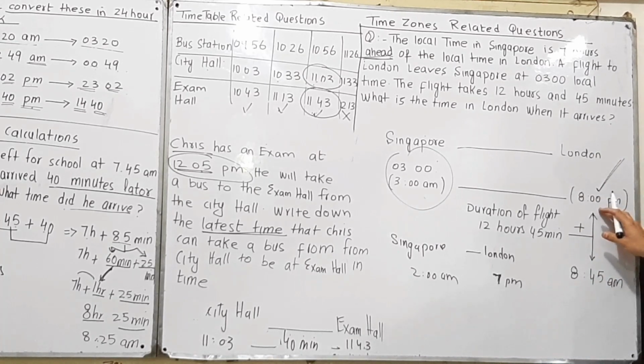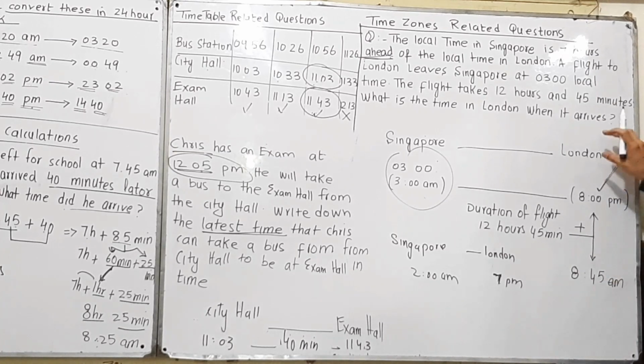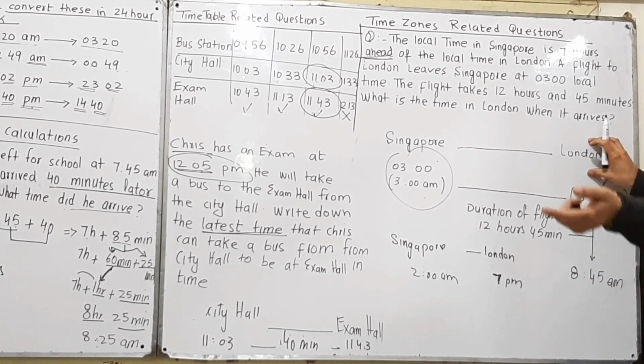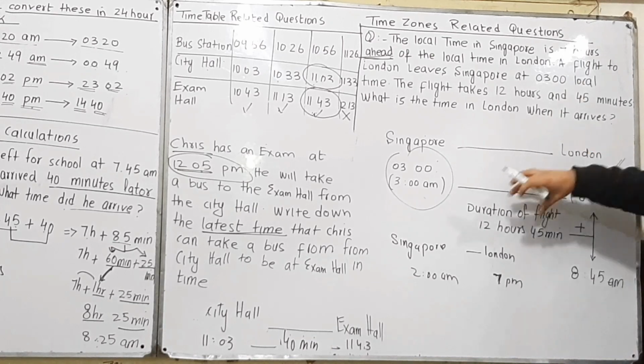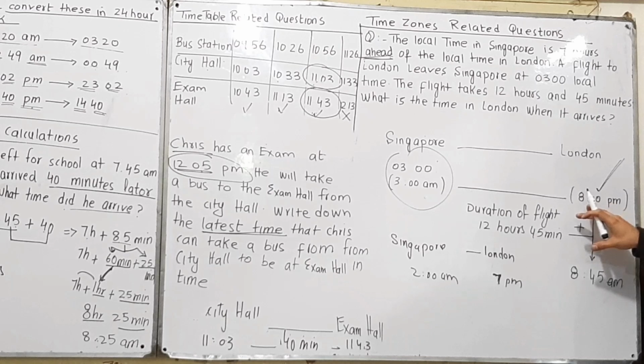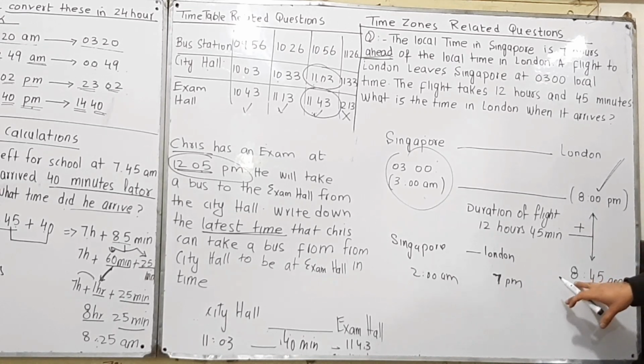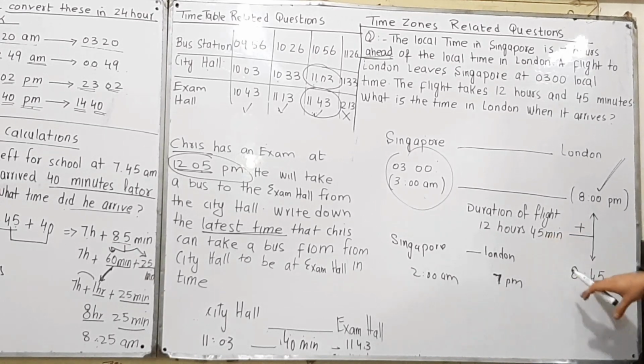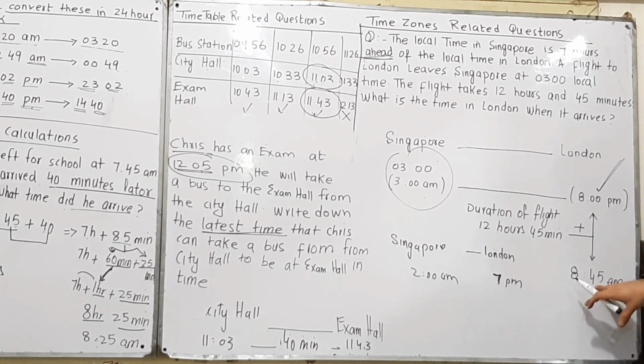At 8 p.m. in London, the flight took off from Singapore. It took 12 hours 45 minutes. So adding 12 hours to 8 p.m. will be 8 a.m., and 45 minutes added to 8 a.m. will be 8:45 a.m.